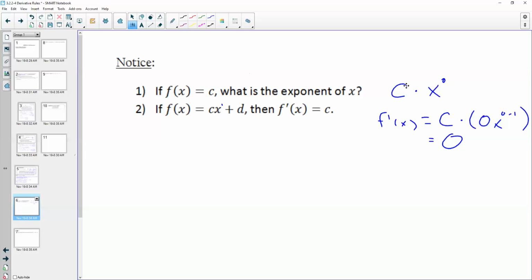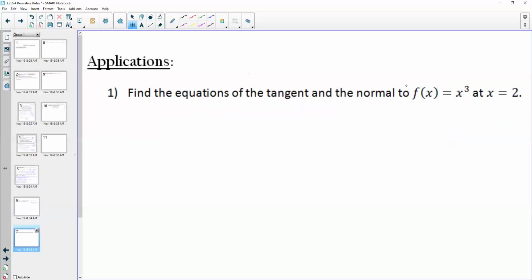Okay, so let's apply what we've learned today. We're going to find the equations of the tangent and the normal to f of x is equal to x cubed, and we are really concerned with the point where x is equal to 2. If f of x is equal to x cubed, we can apply the power rule to find f prime of x quickly.